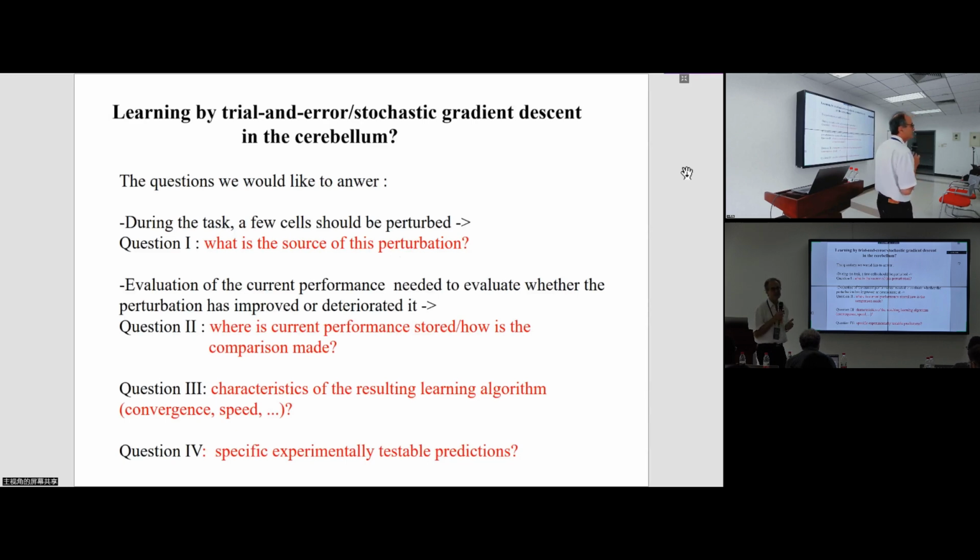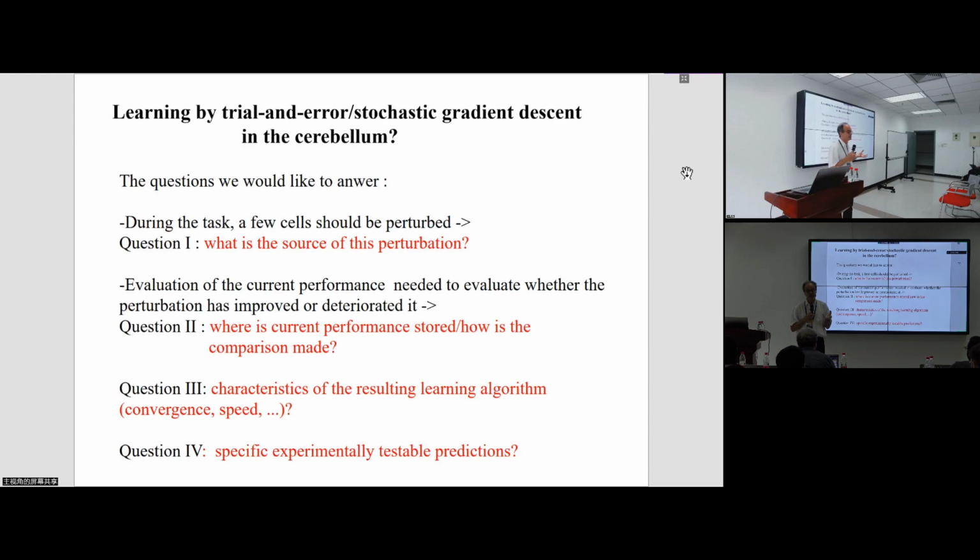So what are the questions that we would like to answer? First of all, if we want to do this perturbation, we have to propose something like LMAN for the bird song that perturbs the movement. So what's the source of this perturbation?